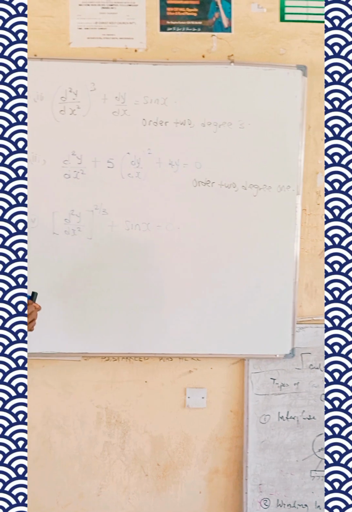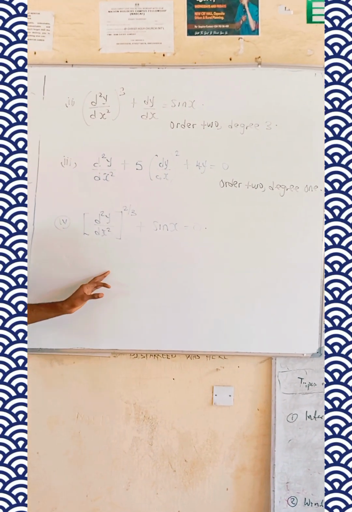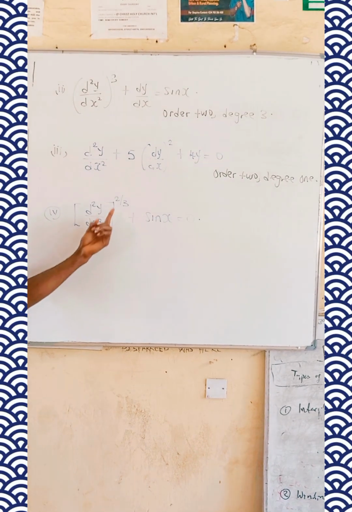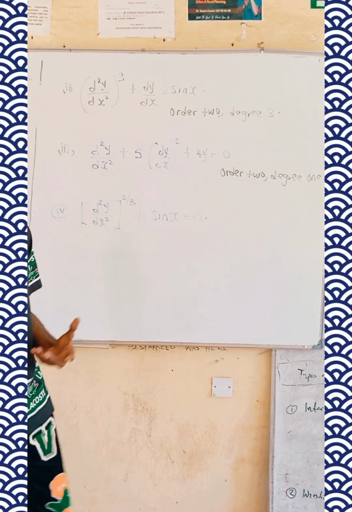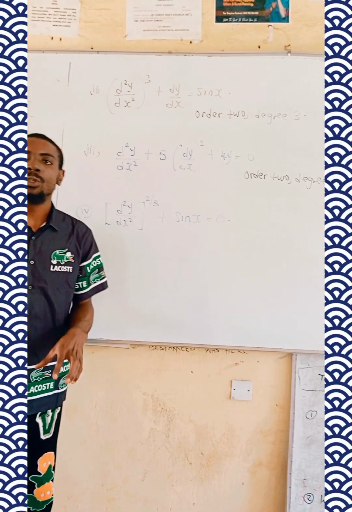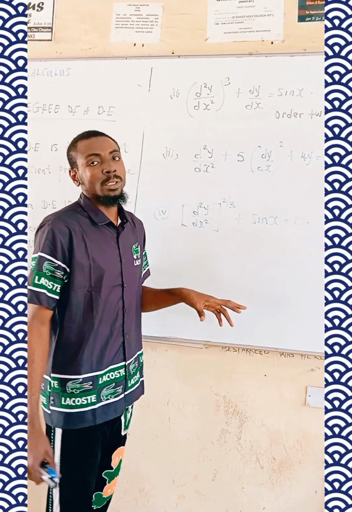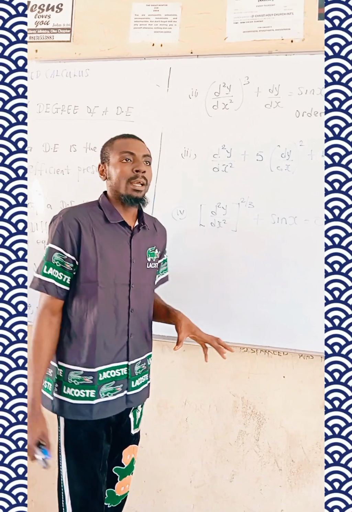Then watch the last example. In this example, you cannot know the order and the degree because the power here is a fraction. So what we do is mathematically introduce a little technique here.